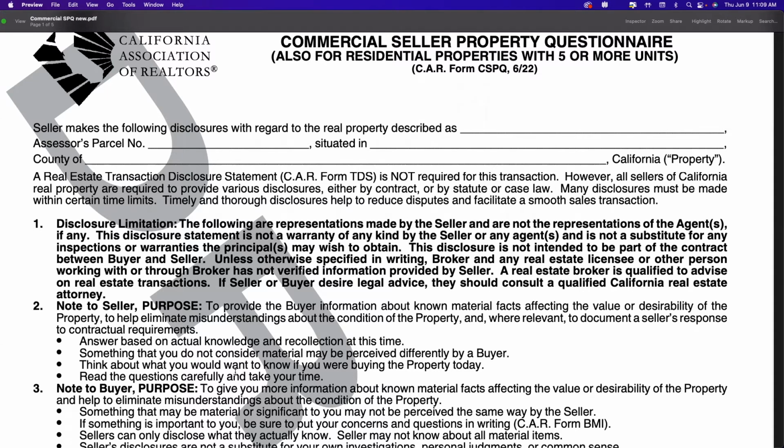I could either handwrite an amendment or an addendum saying, hey, these are the material facts I know about this commercial property. I could do that and it would be acceptable. But as with most things, once CAR creates a form as a way to deliver the required information, that form usually becomes the de facto requirement for providing that info.